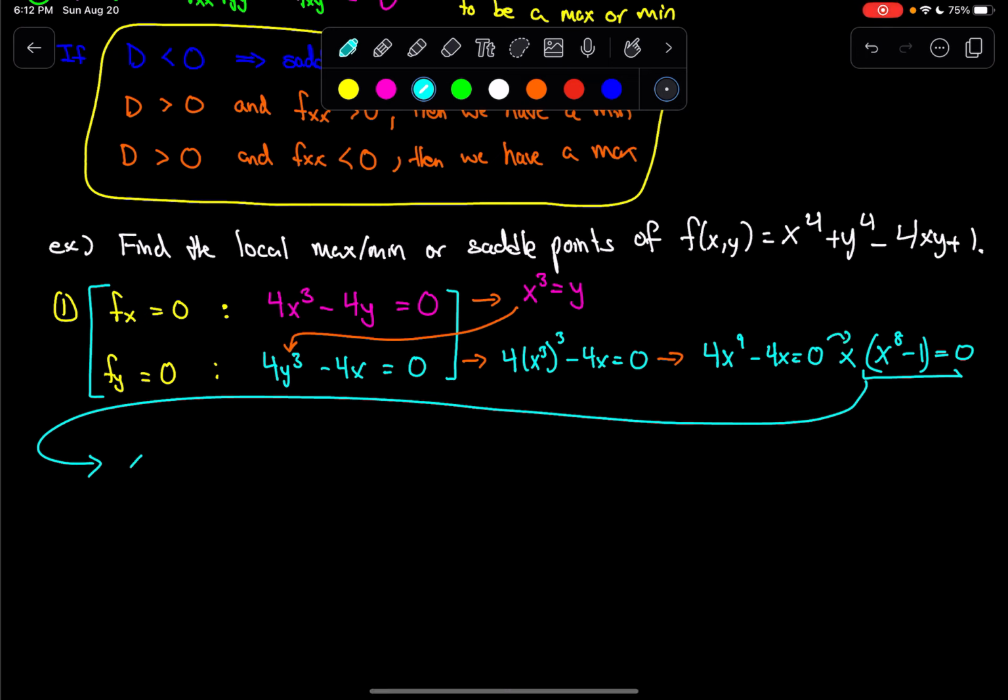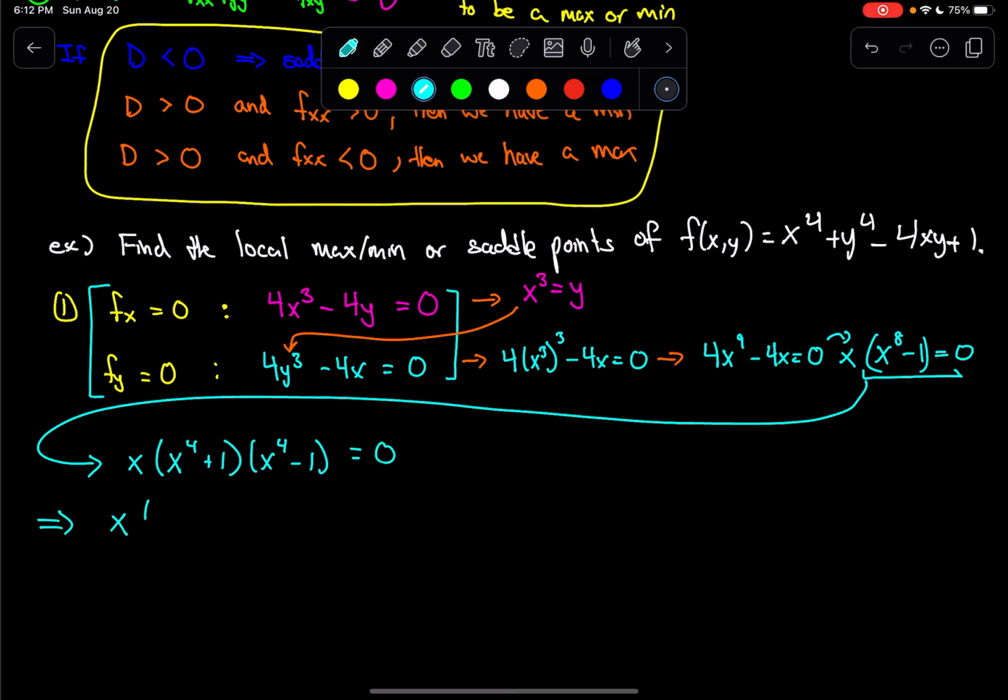And so what we're going to have is x times, now x to the 8th minus 1 is a difference of squares. So we can write this as x to the 4th plus 1 times x to the 4th minus 1. And then x to the 4th minus 1 is also a difference of squares.